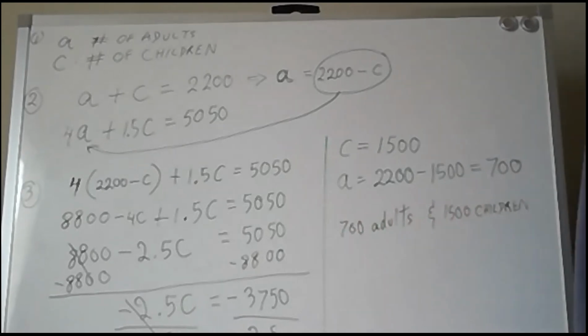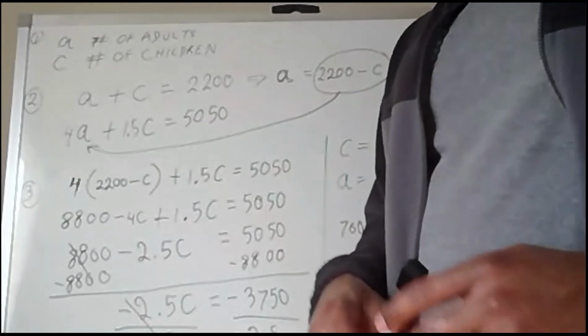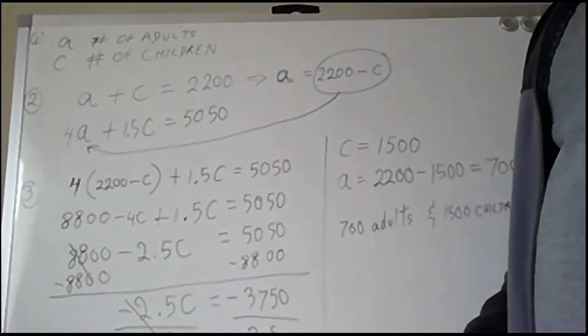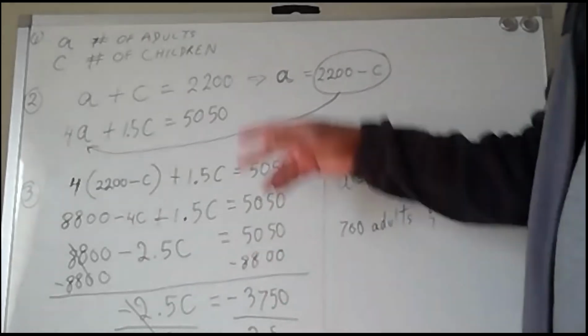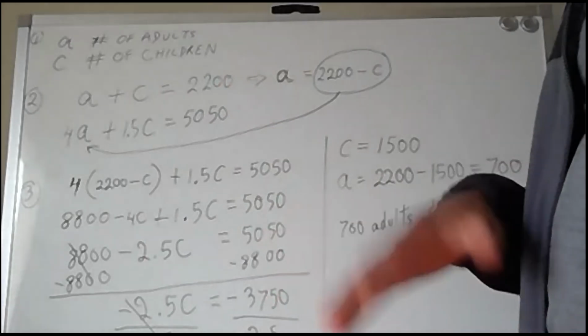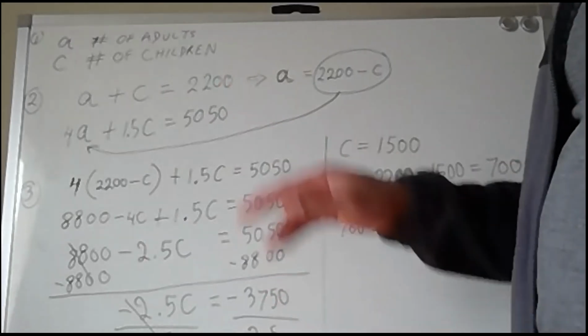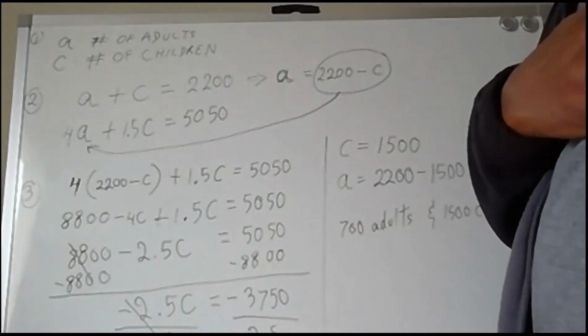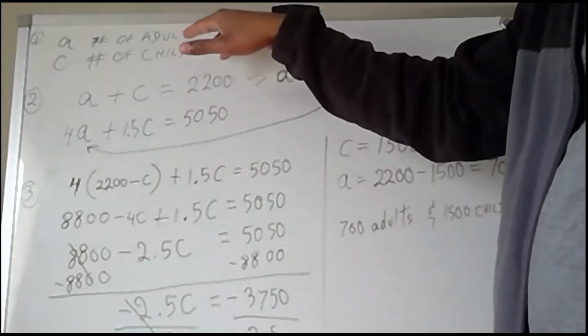All right, guys. So just to recap, this type of problem is called a system of linear equations word problem because we have two variables, okay? In a typical linear equation, you have one variable to solve for. Here you have two variables to solve for, all right? And so we started this process by labeling or identifying our two variables.